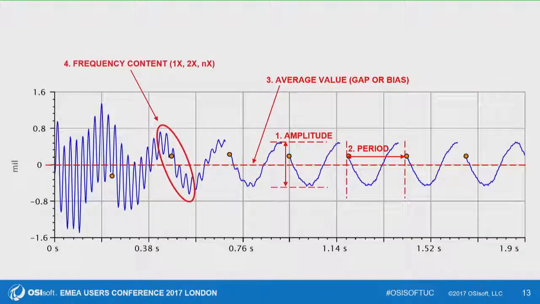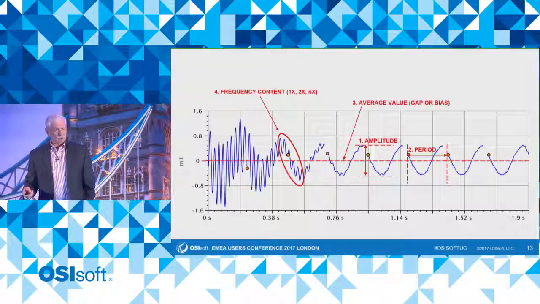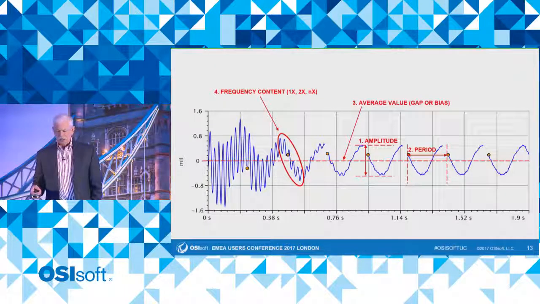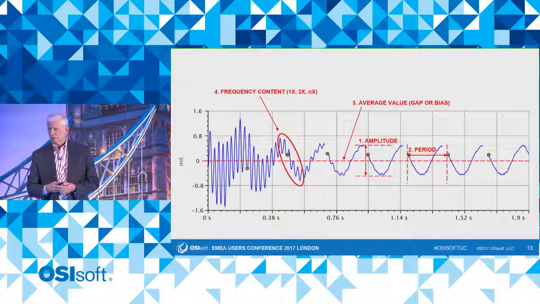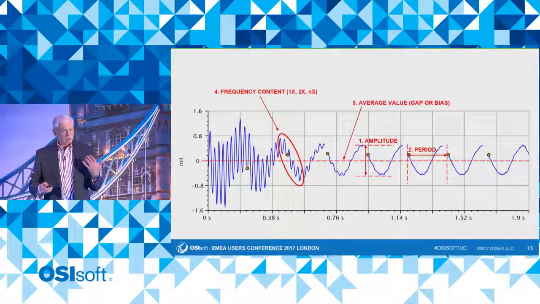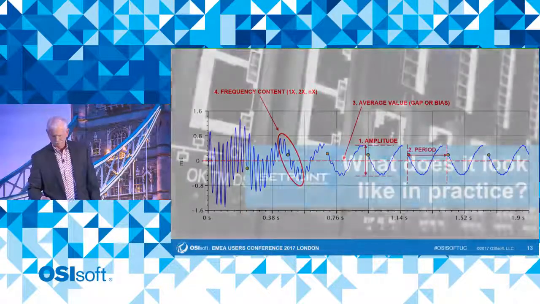And then we look at the frequency content. If none of those are changing, then we can say for all practical purposes, the waveform itself hasn't changed. And this is basically the intellectual property that's embedded in the edge device that allows us to decide when do we need to send waveforms to Pi and when do we not have to send waveforms to Pi.